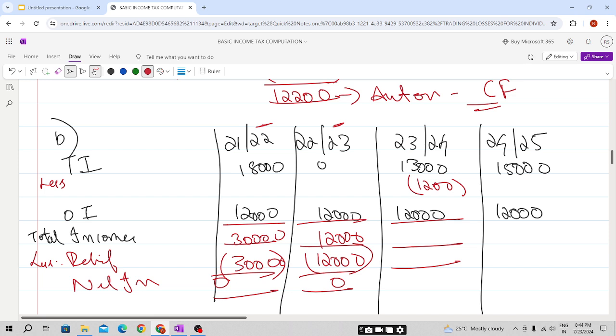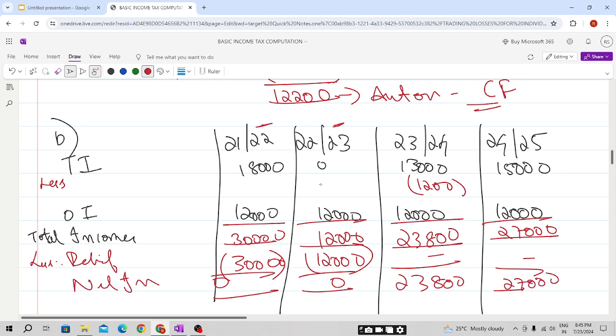So our total income will be 13,000 minus 1,200 plus 12,000. It will be 23,800 and this will remain the same. 15,000 plus 12,000 will remain 27,000, no relief. So 23,800, 27,000.